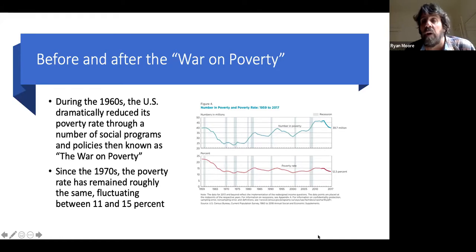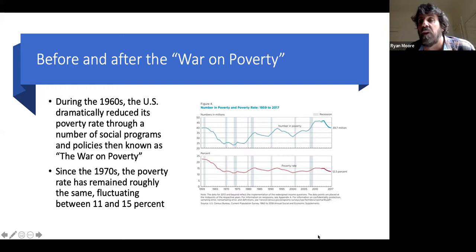Now, what happened is basically once conservatives started taking power, especially after the election of Ronald Reagan in 1980, they basically started saying, oh, the war on poverty hadn't worked, and it was having all these negative effects, and so they basically ended the war on poverty.